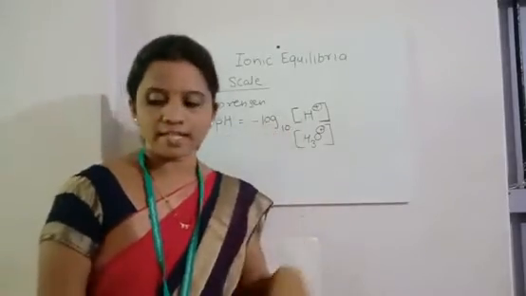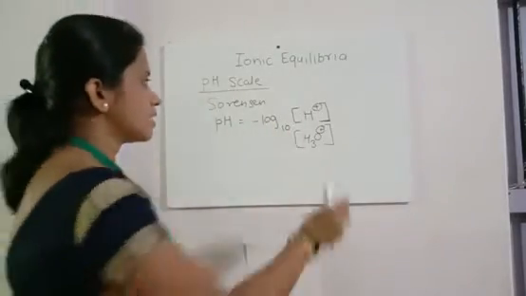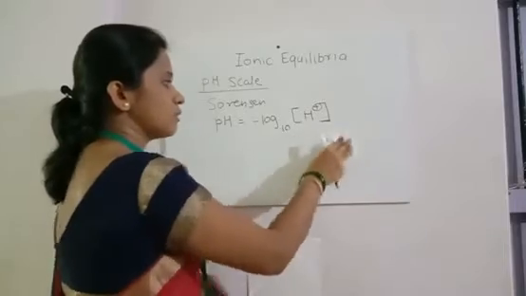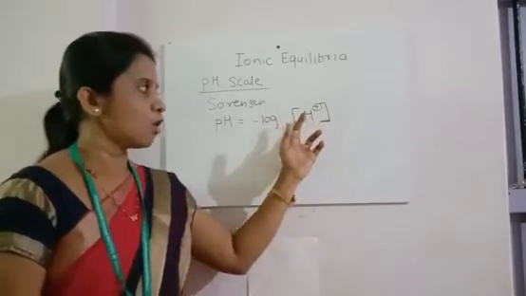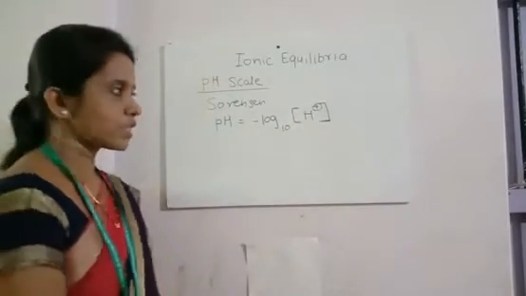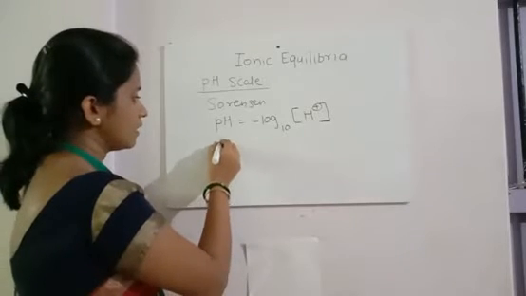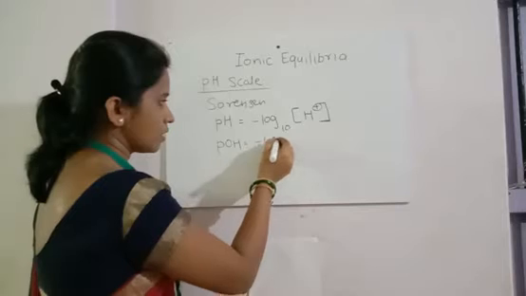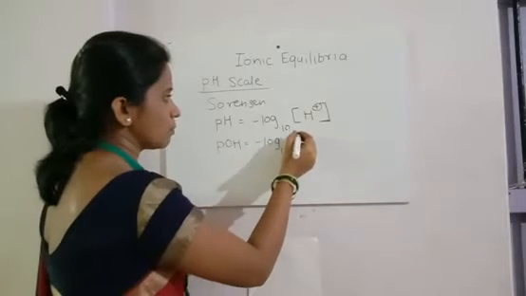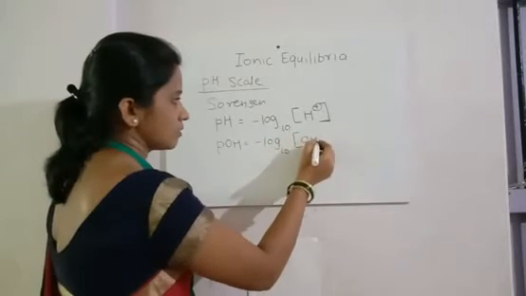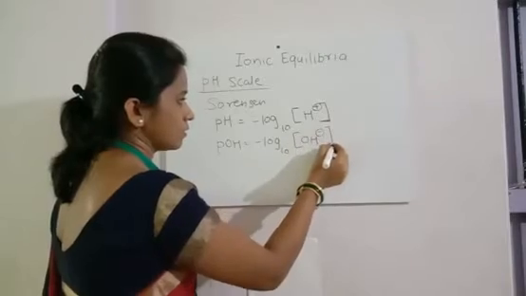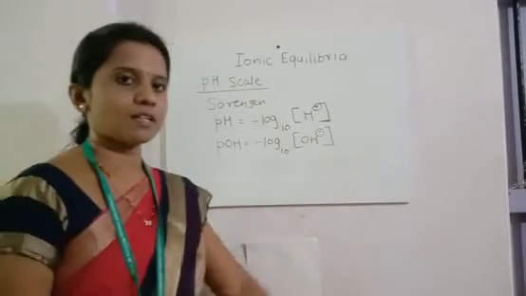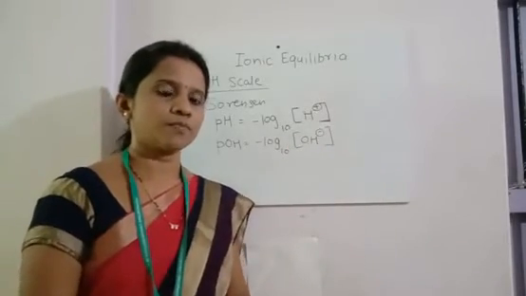So what is the exact definition? It is the negative logarithm to the base 10 of the H plus ion concentration, and he defined pOH as the negative log to the base 10 of the OH minus ion concentration.